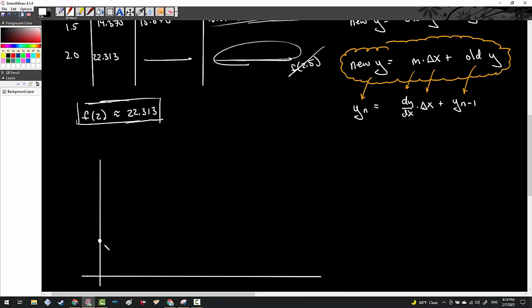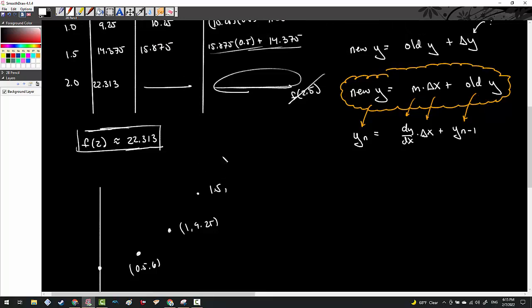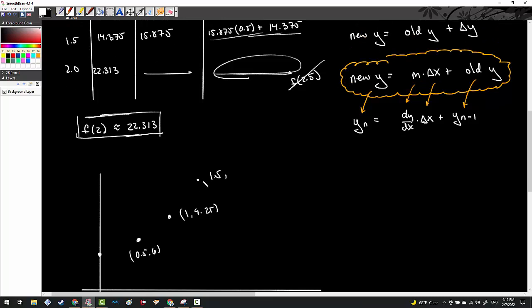So 0, 4, 0.5, 6, 1, 9.25, 1.5, 14.375, and then 2.0, 22.313.